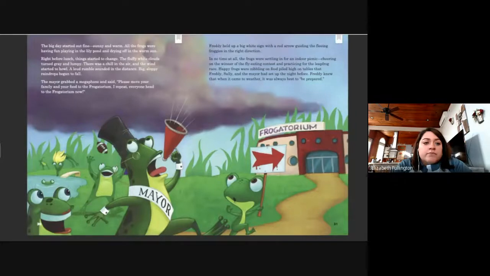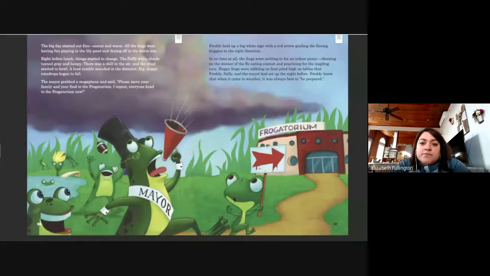The mayor grabbed his megaphone and said, "Please move your family and your food to the frogatorium. I repeat, everyone head to the frogatorium now." Freddie held up a big white sign with a red arrow guiding the fleeing froggies in the right direction.